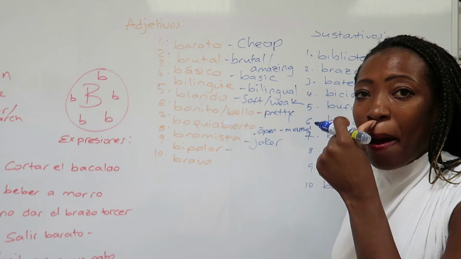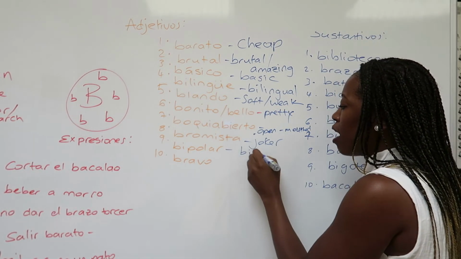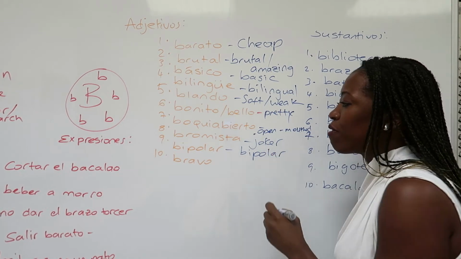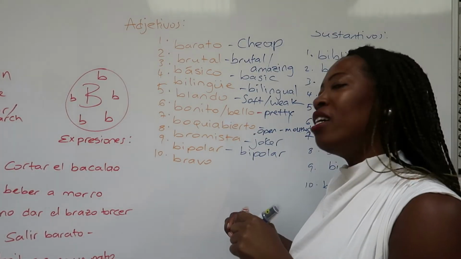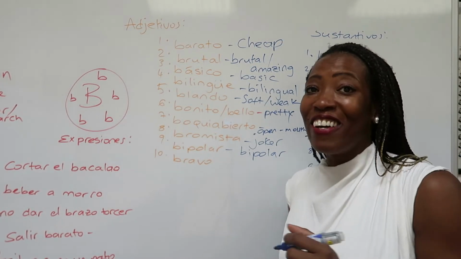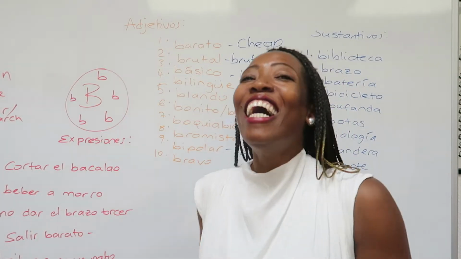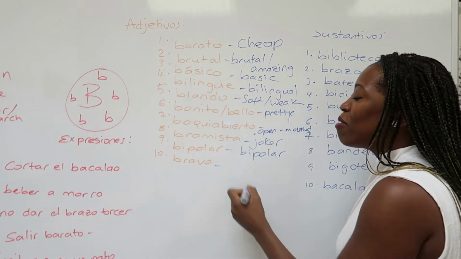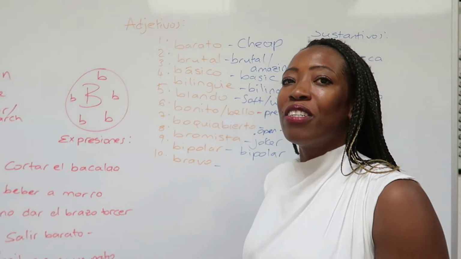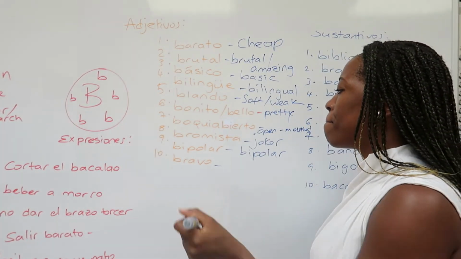Okay, moving on. This one we've seen, bipolar, which is the same for us. We're more aware of this now today than we were before. And bravo, I love bravo for you. We always say this in English as well, like bravo, in that sense. But bravo has several different meanings. It can mean brave.